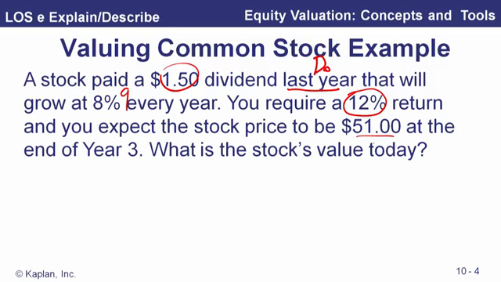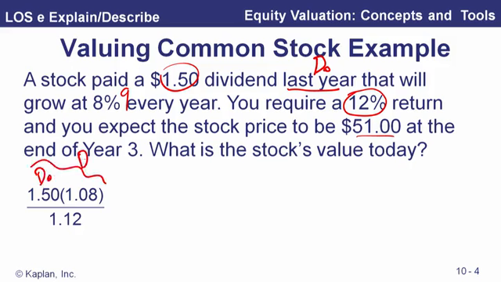Well, let's take the present value of all these. Now, one thing to be careful of is because this was D0, in our model we really want D1 here. So we grow it for one period at 8%. 8% is the rate we're assuming dividends grow each year. So we've got D1 over 1 plus our required rate of return there.